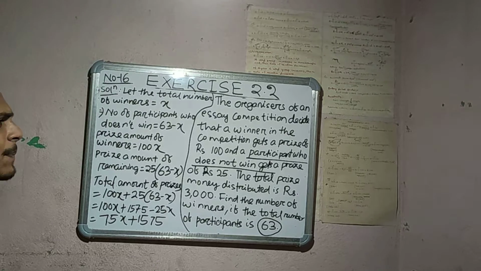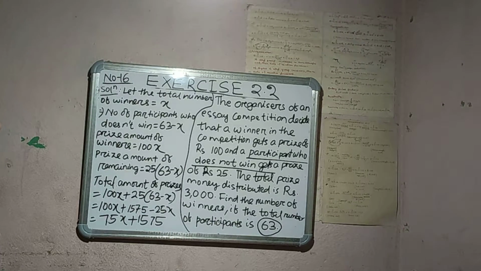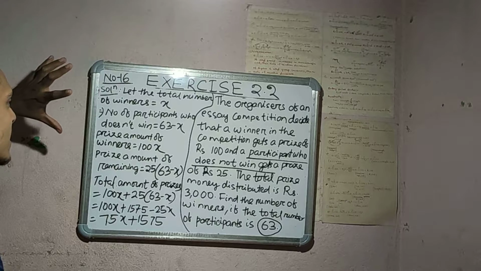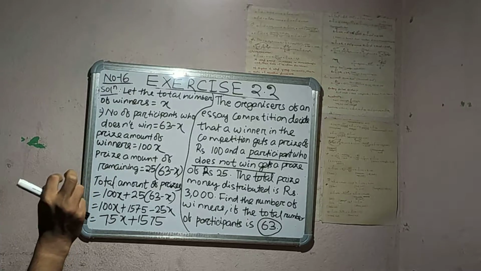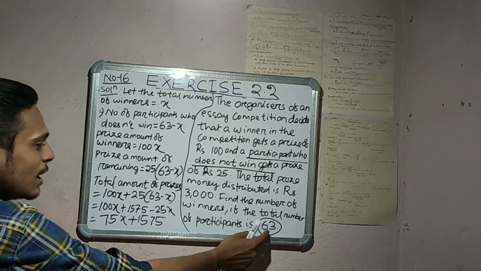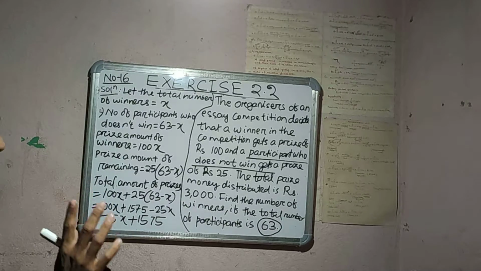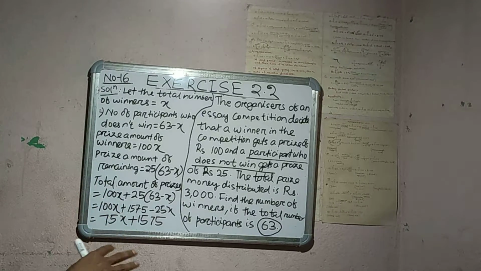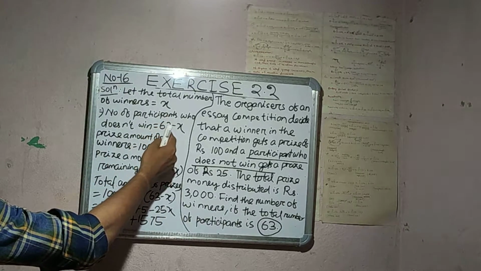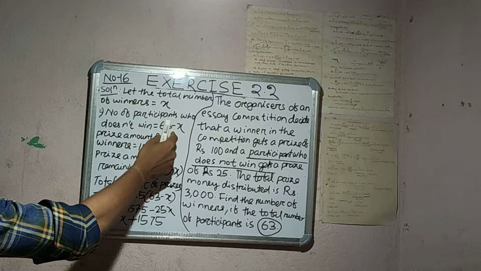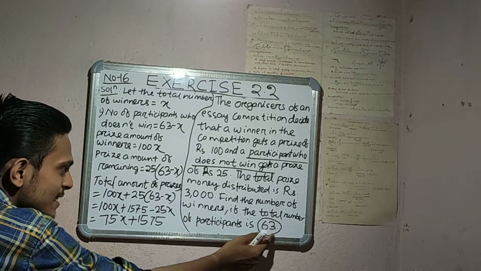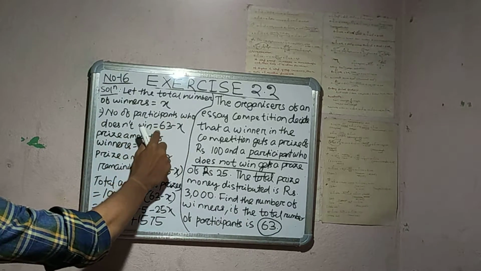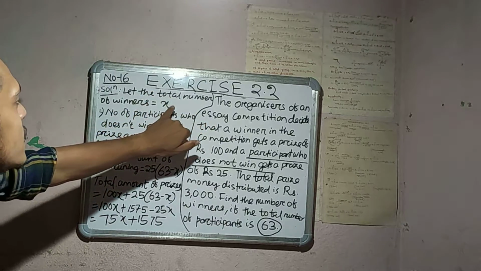For example, if you have 10 friends and your teacher organizes an essay writing competition, and 5 win and 5 do not win, then the other number is 10 minus X. In the same way, if the total number of participants is 63, the number who do not win is 63 minus X, because we have taken the total number of winners as X.